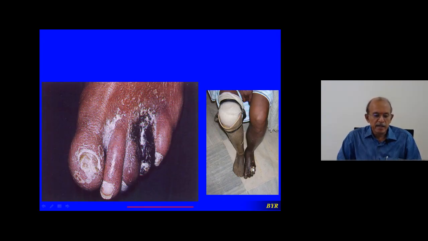Why do you say it is gangrenous? Is there any dead tissue there? There is only an ulcer. It is not the gangrenous stage. It is only the pre-gangrenous stage. Yes, there are color changes. The color change is only dark color, because in dark skinned individuals the erythema is seen as dark color.